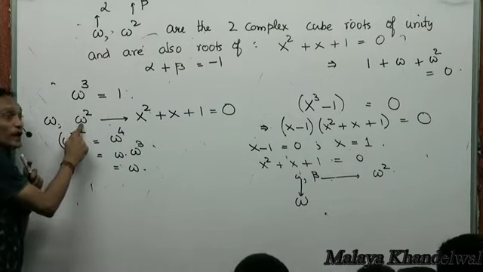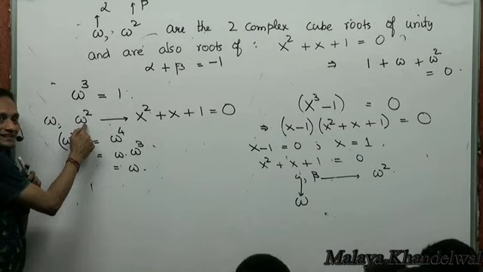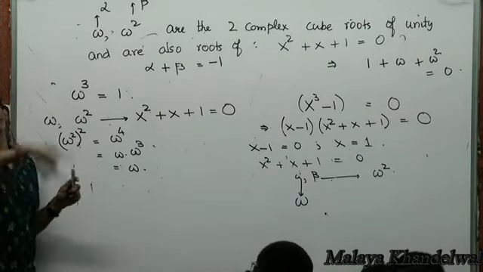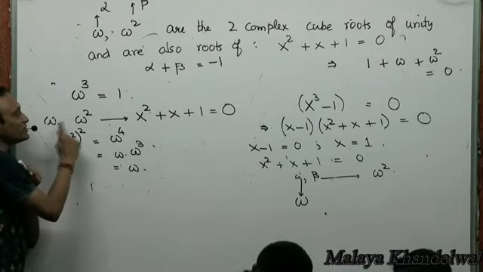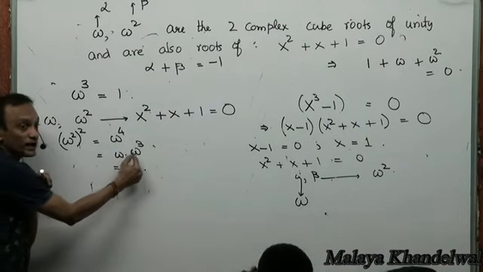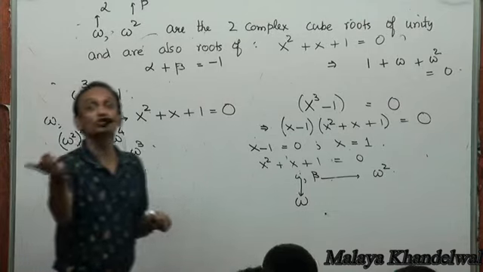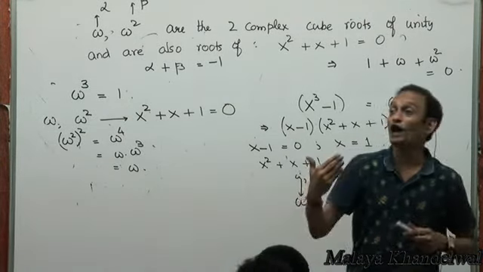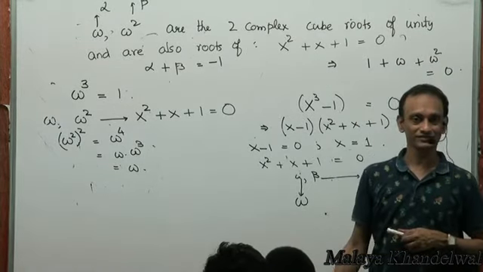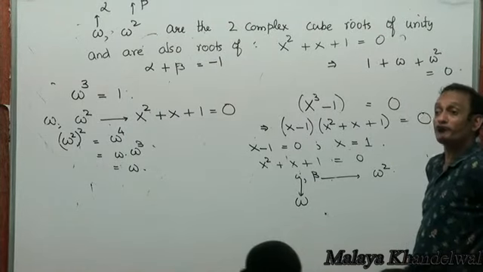So the square of this is this, and the square of this is this. Yes or no? So the two complex cube roots of unity are squares of each other. When you square this, you get this. And when you square this, omega to the power 4, you get omega into omega cubed, which is omega, which is this. So the two complex cube roots of unity are squares of each other.